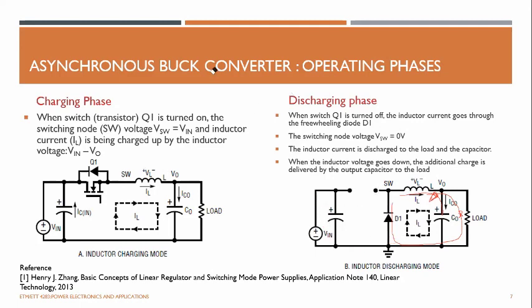The only path is returning back through this freewheeling diode. That will reduce the flux lines of the inductor, and the inductor will keep circulating the current. The stored energy of the inductor is pushed back to the output capacitor and the load. So these are the two basic operating modes of the buck switch mode power supply.